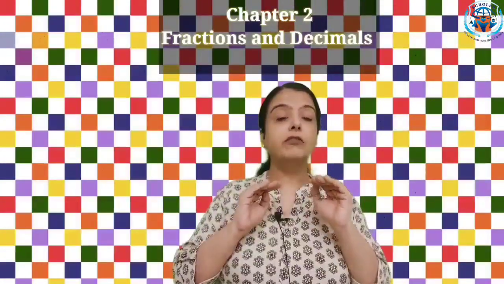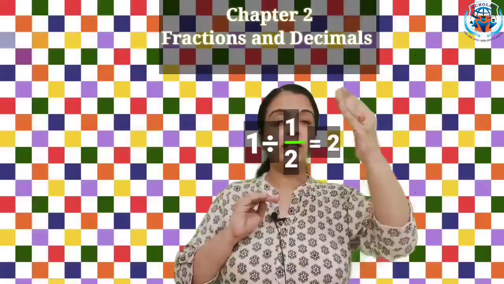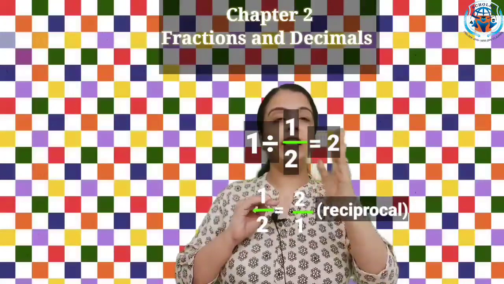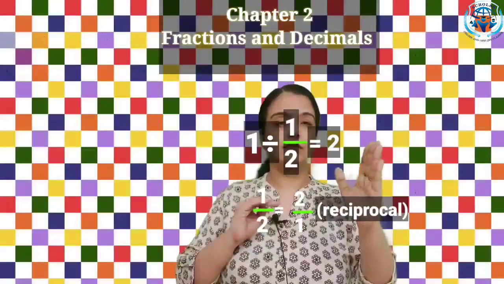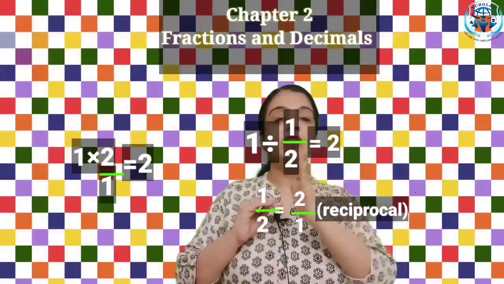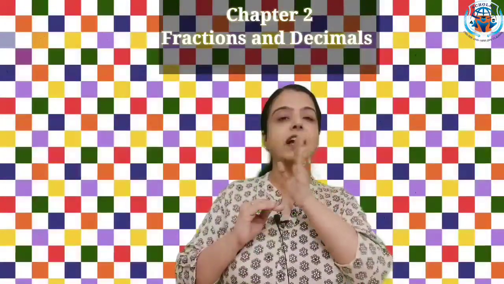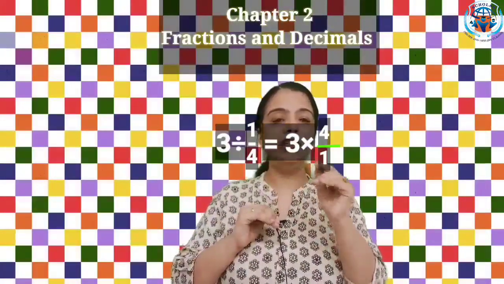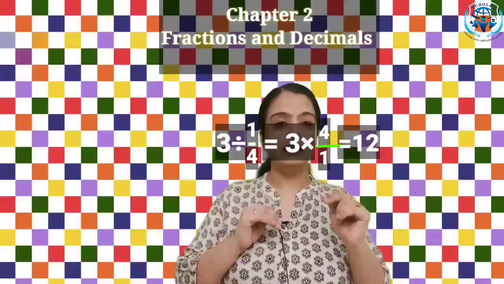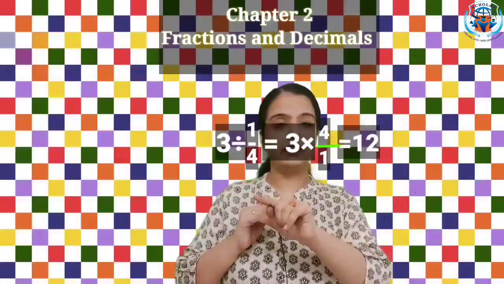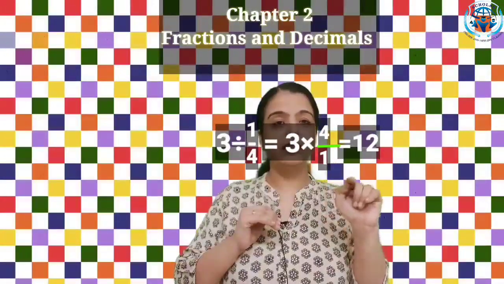That means if we invert this fraction, that is, put the numerator in the denominator and the denominator in the numerator, we get the result, right? That means we are reciprocating the fraction which we are dividing by. We are interchanging the position of numerator and denominator and multiplying with the same fraction to get the result of division.